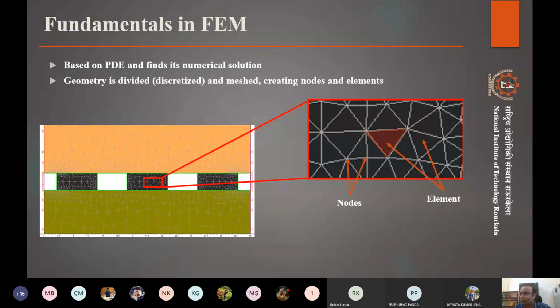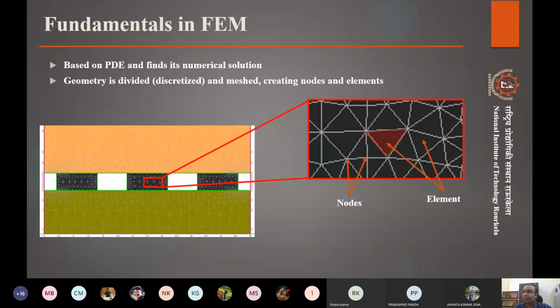So there can be various kinds of distributions that are done. So for each of these nodes, the actual calculations take place, and for all the elements in between these nodes, the interpolation of the results is done.